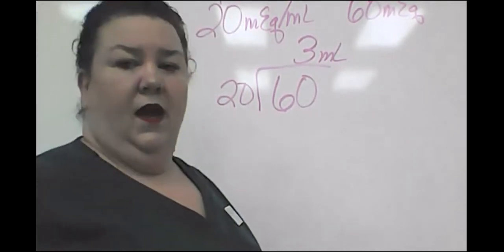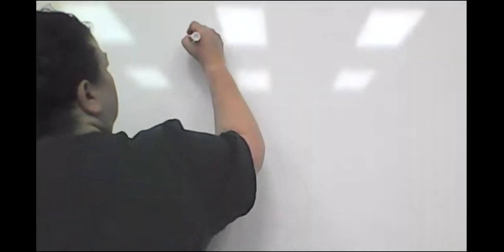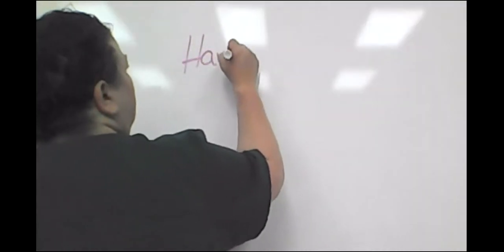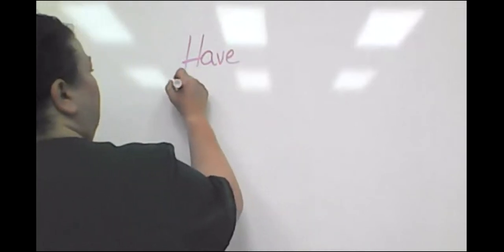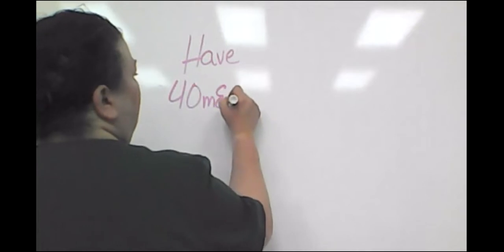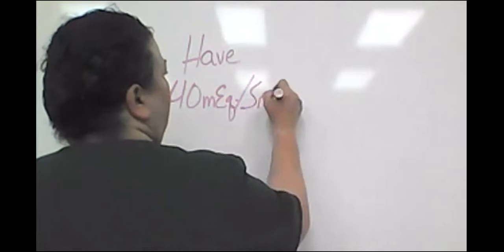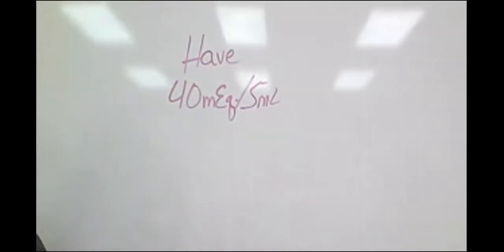Now, on a rare occasion, you will get a question, or you may be dealing with a stock vial of medication. It may be something like 40 milliequivalents per 5 ml.